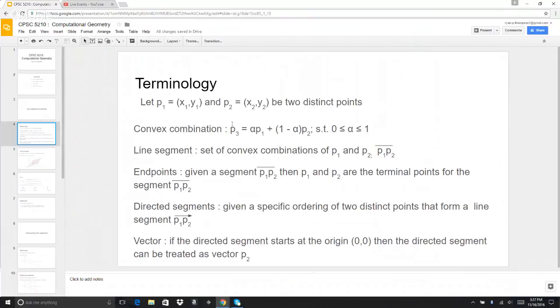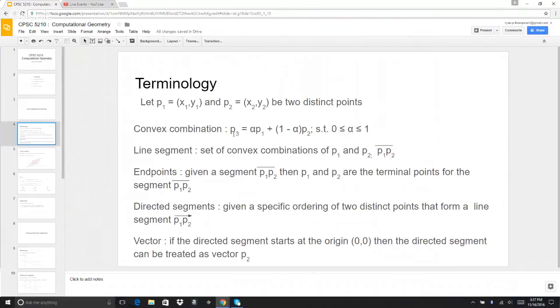So therefore, P3 falls somewhere on this line between P1 and P2. Alpha, the scalar, must range between 0 and 1. So if alpha was 0 here, it would have no influence from P1 and be 100% from P2, so P3 would equal P2 in this case, or vice versa.